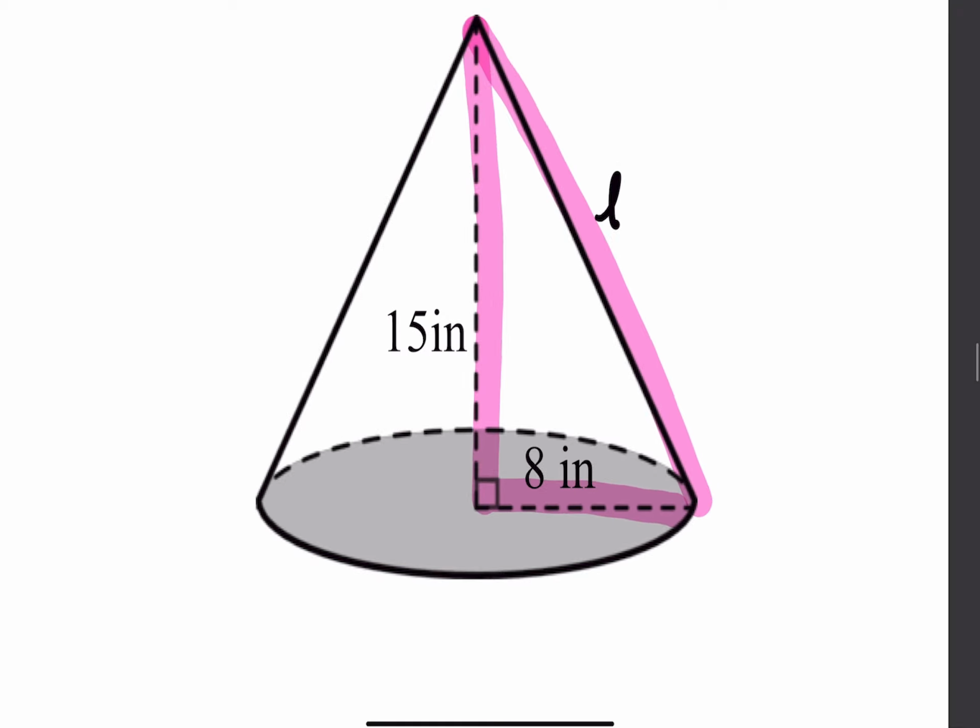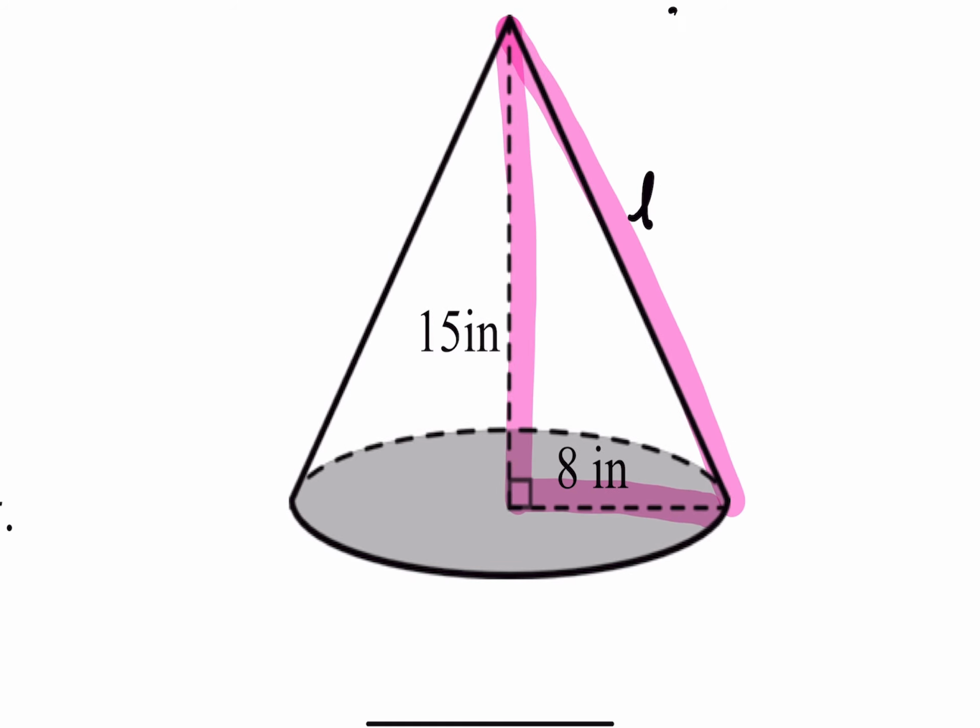So, I'm going to write a squared plus b squared is equal to c squared. Since this is across from the 90-degree angle, this is going to be c. So a is going to be 15, raised to the second power, plus b, which is 8, so 8 squared, equals c squared.